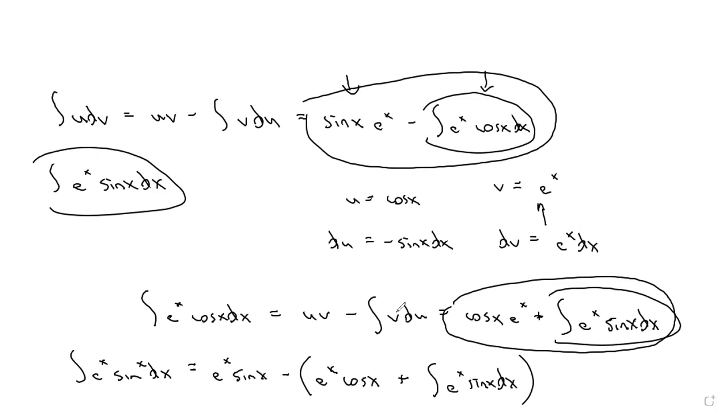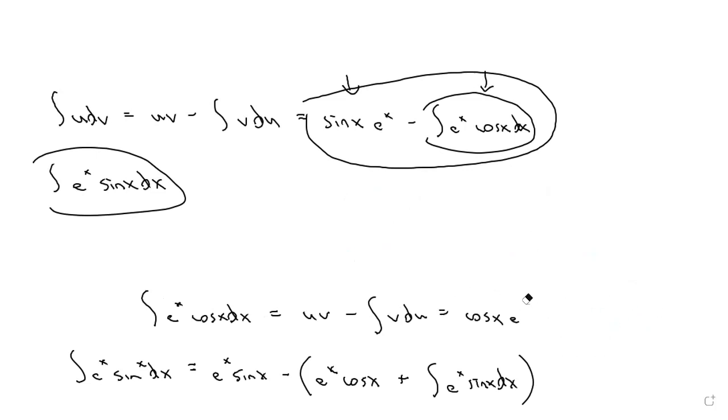So let's erase part of this. I guess we don't need any of our original setup because we're already past that. So let's erase this. I guess we don't really need this part either, so let's get rid of this. And now let's just continue simplifying the right side, and then we'll see what we get. I'm just going to distribute the minus sign to both terms.